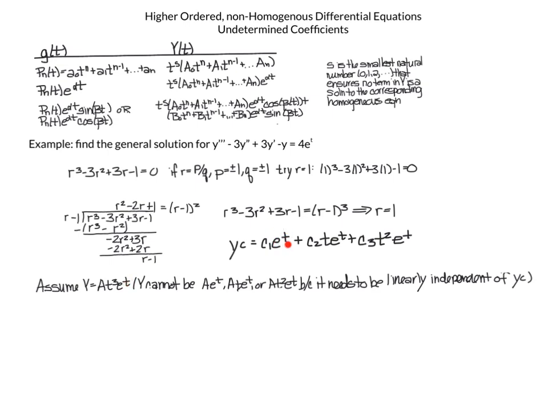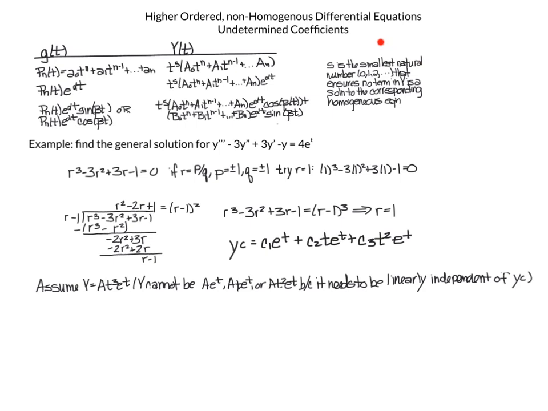But since that's here, I want the particular solution y to be linearly independent of the homogeneous solution. So I need to multiply by not just t squared, but by t cubed. So y is going to be a t cubed e to the t.